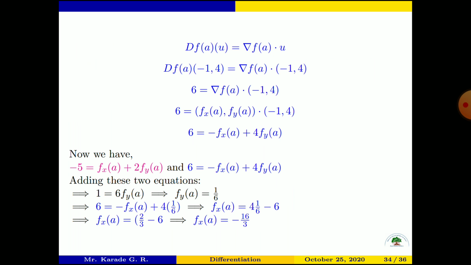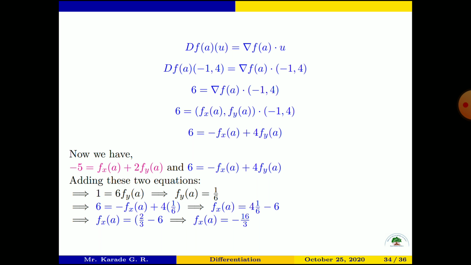Now again we take the same relation: derivative of f at point A along the vector u is equal to gradient of f at point A dot product with vector u. Here total derivative of f means df of A at point minus 1 comma 4 is equal to gradient of f at A dot product with minus 1 comma 4, but the left hand side is given to be 6.